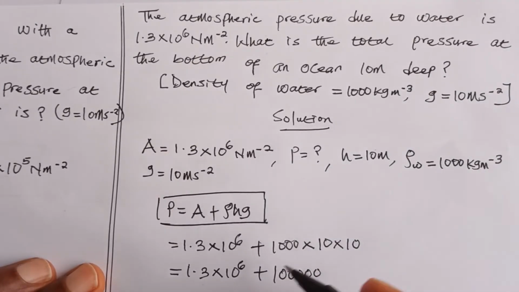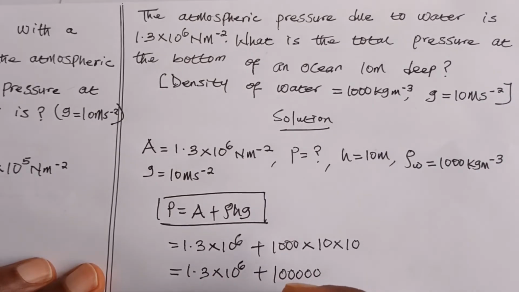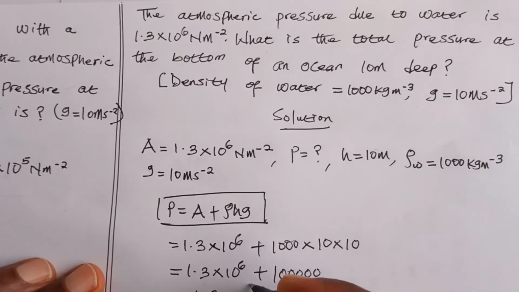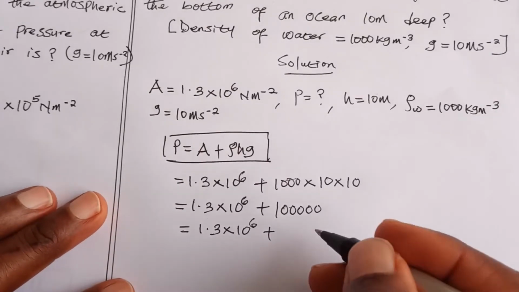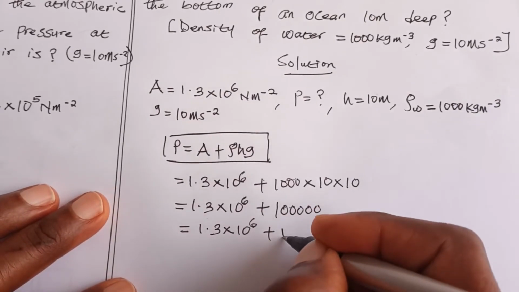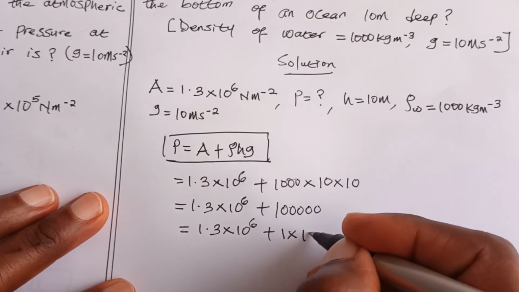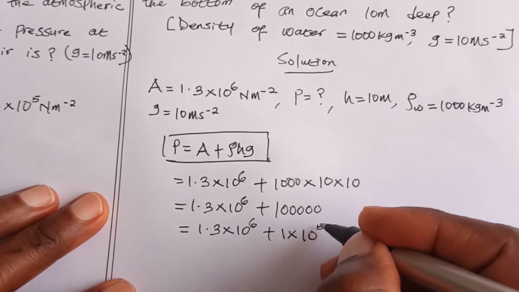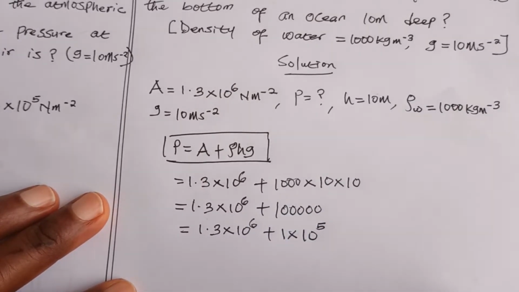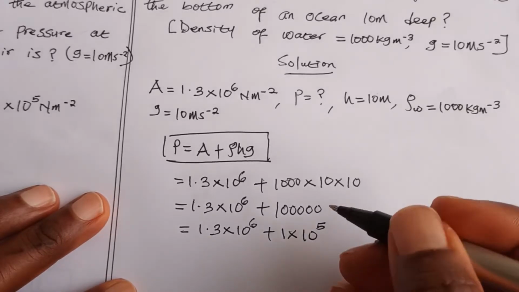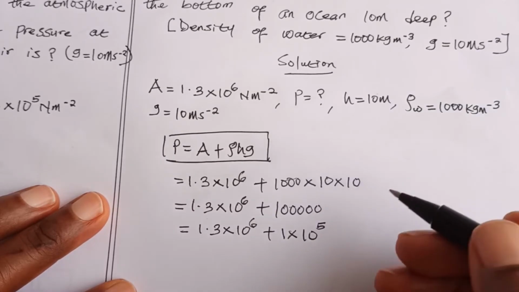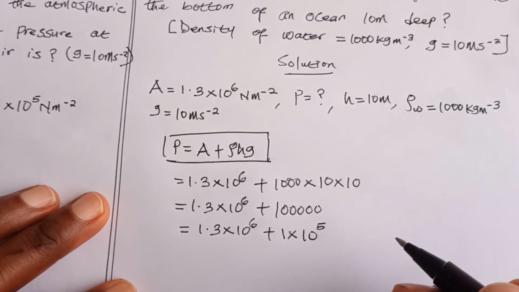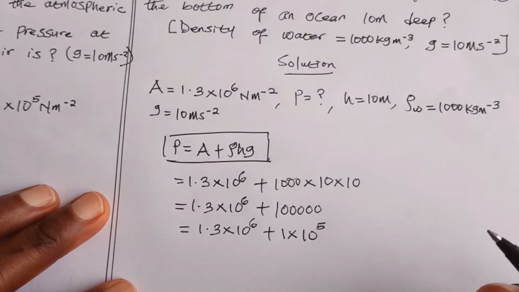So we have 100,000, and of course I can say that is 1.3 times 10 raised to the power of 6 plus, now if you write this in standard form, this is 1 times 10 raised to the power of 5. Because we have 1, 2, 3, 4, 5, so we have 5 zeros there. So that will be 1 times 10 to the power 5. Or you can write it as 10 to the power 5. I mean, still the same thing.